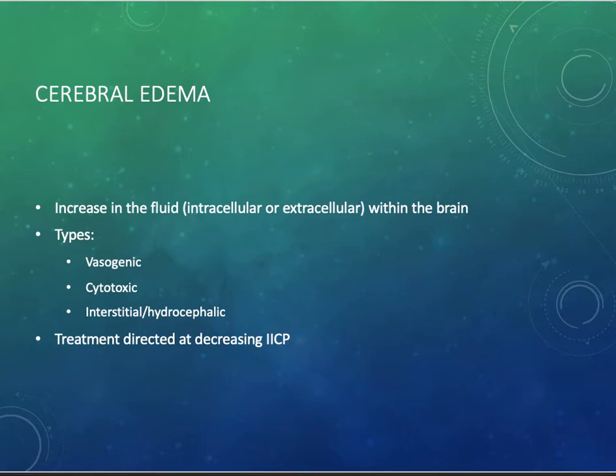So cytotoxic, meaning that something has killed the cells, okay? Interstitial cerebral edema is when the CSF flows out of the ventricles into the interstitial areas of the brain. So this would be patients with hydrocephalus or meningitis, okay? And we're going to talk about both of those coming up.